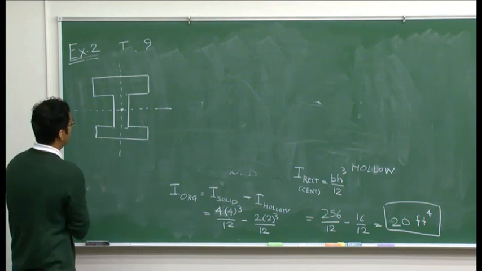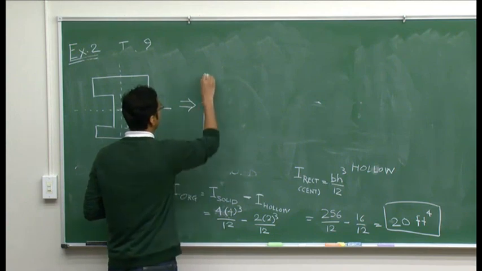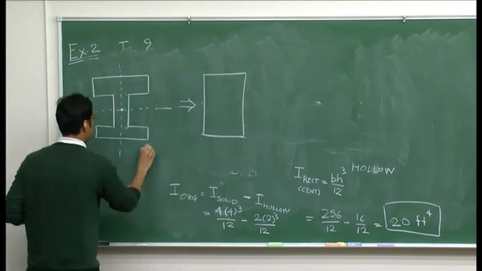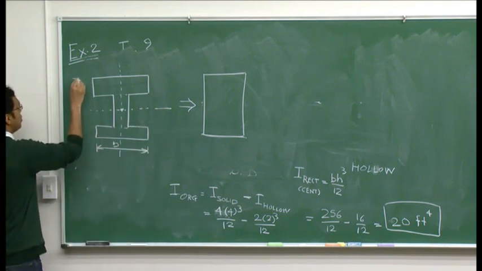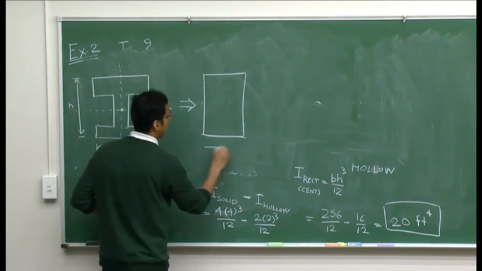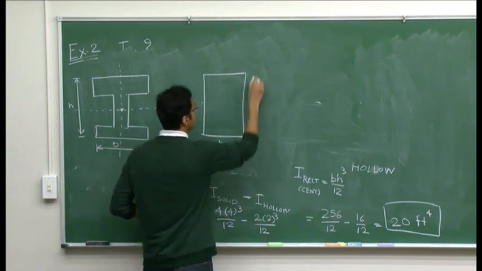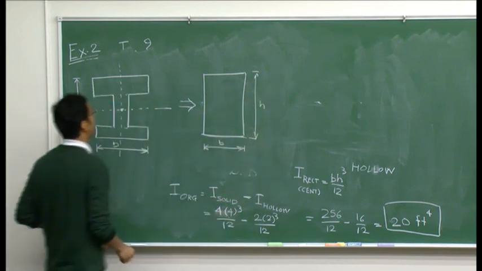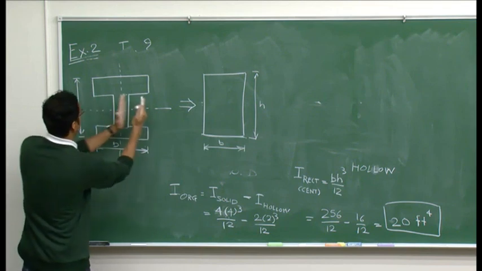So rather than using the parallel axis theorem 3 times, what you can do is replace this with a rectangle, which is, let's say, b by h. So this is b and height is h. Okay, so this is the solid portion, and we are going to take off these 2 small rectangles.